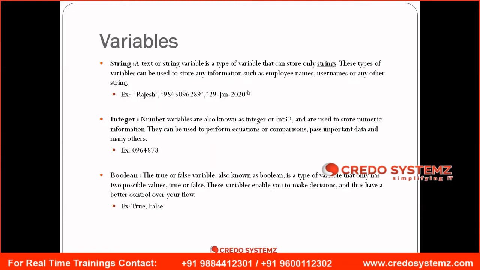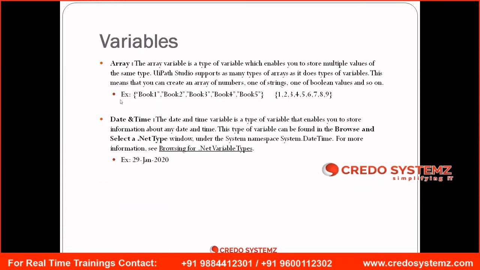We can directly store it as string and use it inside the program. But if you're going to perform any other operations, then the wisest option is to use integer for numbers, because integer will allow you to do arithmetic operations, or you can have it as a date time, so that you can perform any date kind of operations, right?